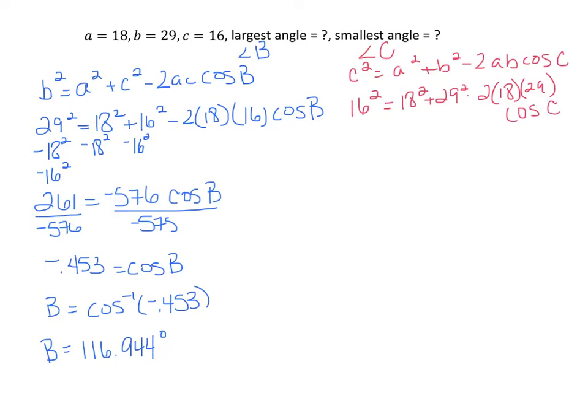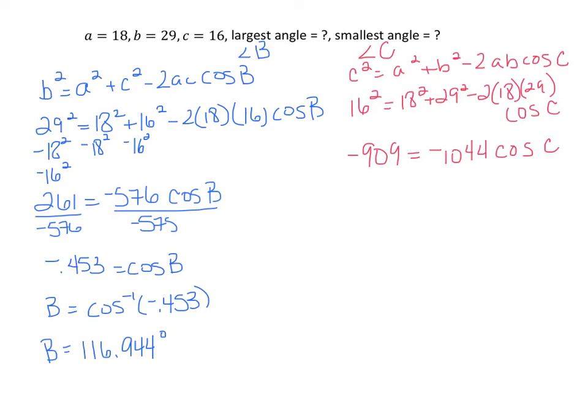Sorry, I ran out of room there. So the same process, I'm going to subtract 18 squared and 29 squared from both sides. When I do that, it gives me negative 909 is equal to negative 1044 cosine of c. And to get that 1044, I multiplied negative 2 times 18 times 29. So now I will divide both sides by negative 1044.